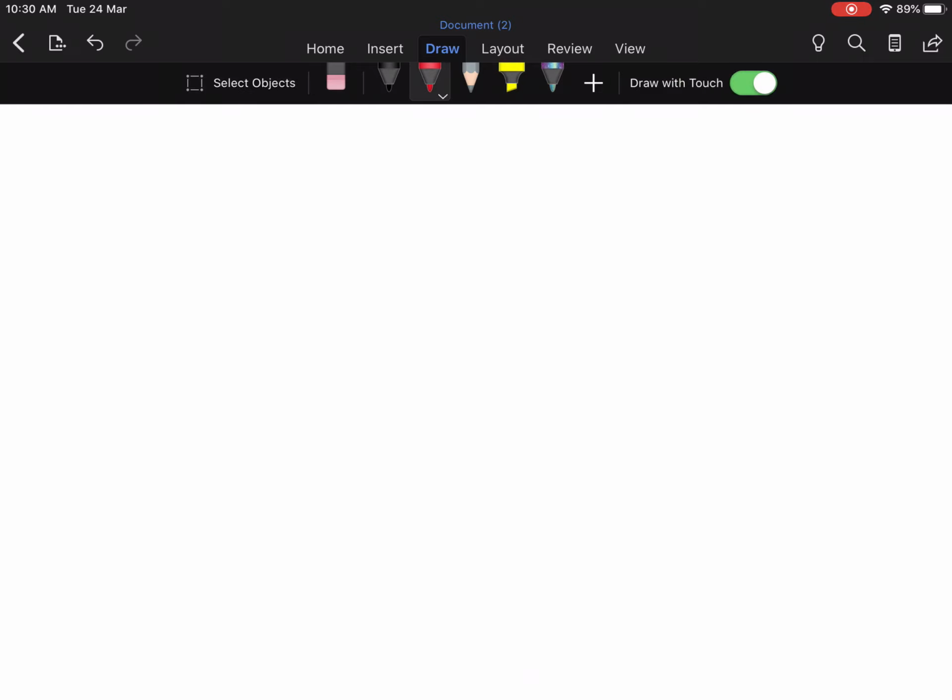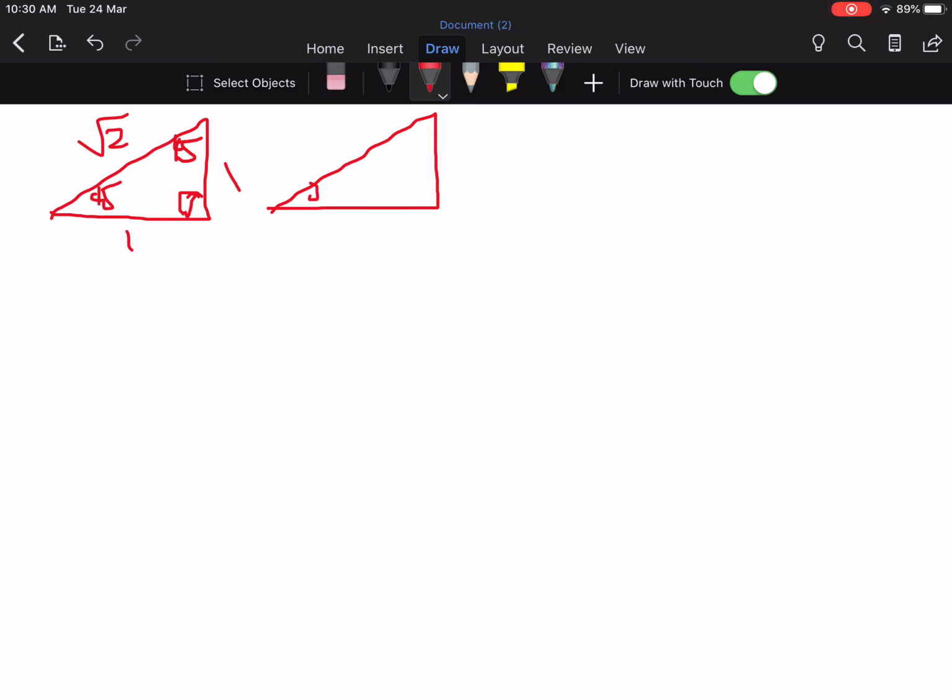If you remember the little triangles that I taught you, you've got 45 and 45, right angle, with sides 1, 1, root 2, and then the other triangle, 30 and 60, with sides 1, 2, root 3. So from there you can find out what any exact value is.